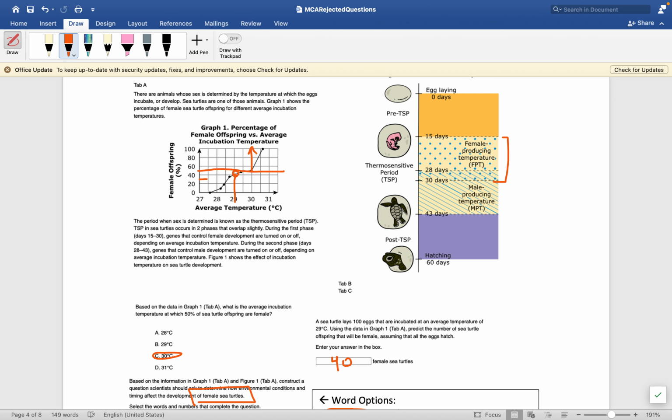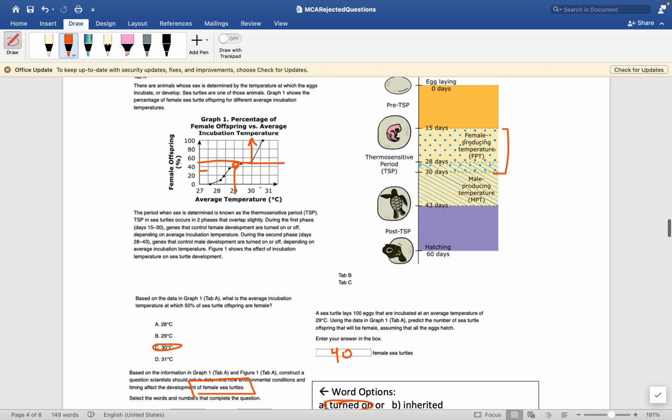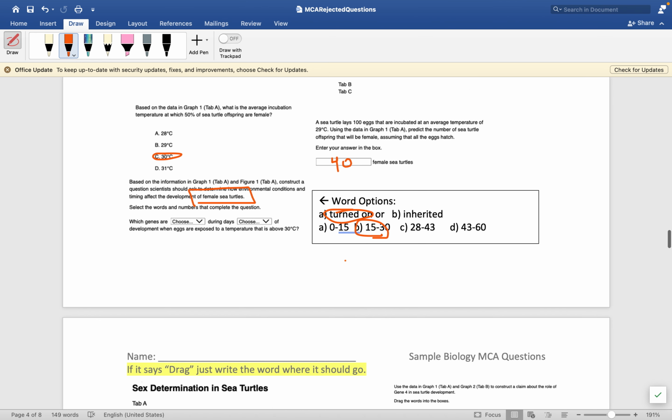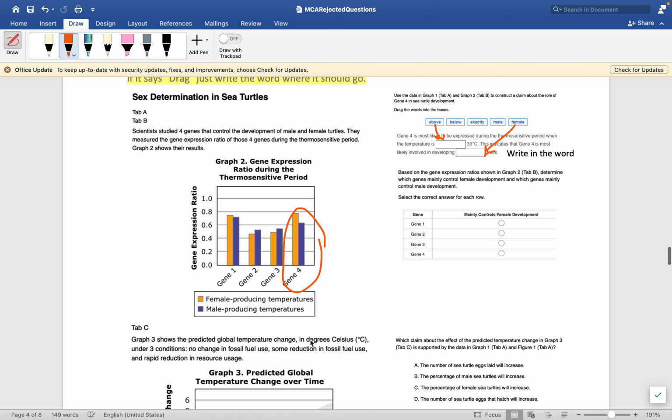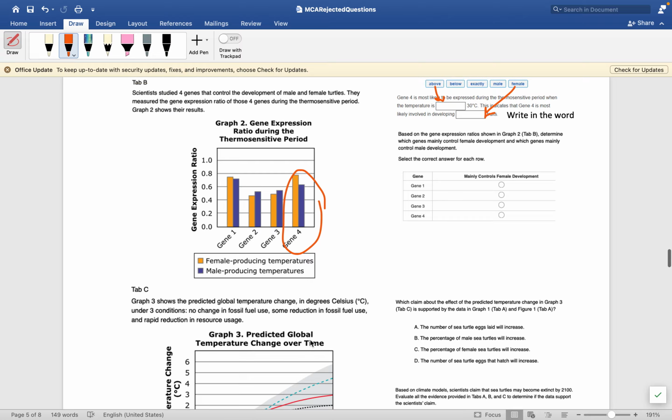So 30 degrees Celsius, anything above that is going to be female. So we want above. Okay, so that goes there. This indicates that gene 4 is most likely involved in developing female traits. And I got that because in this bar graph, orange is higher than blue, purple.